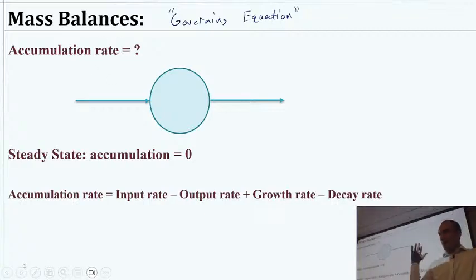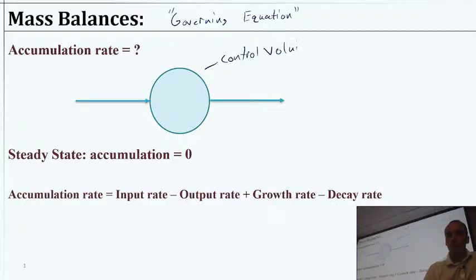The simplest example that I just gave you is just water. We are going to go further than that because we're going to have something in the water that we're treating usually. But at the end of the day, we are looking at the accumulation of something inside what we would call a control volume. So we specify that it's the bathtub or that it's the swimming pool.